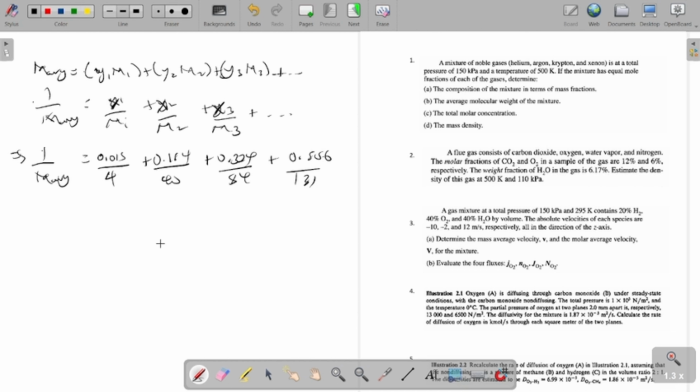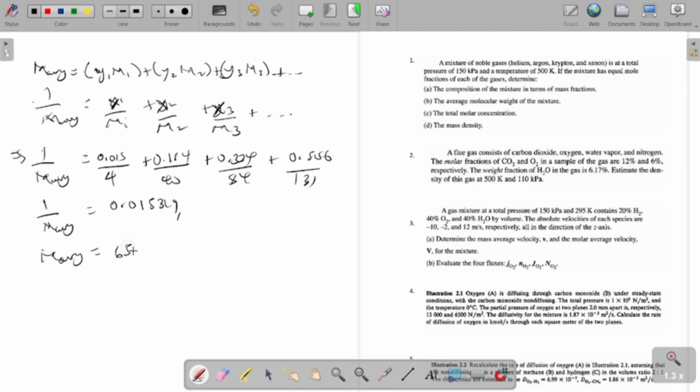Computing the right hand side, I'll get 0.015391.